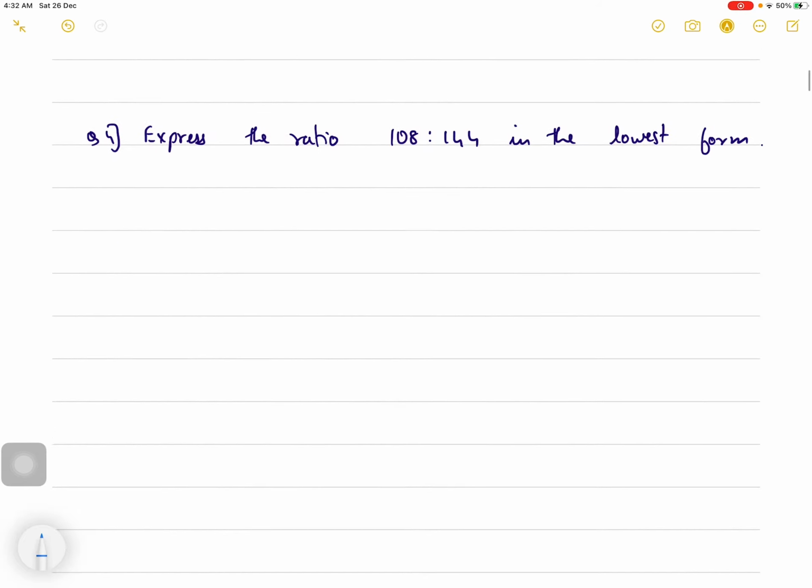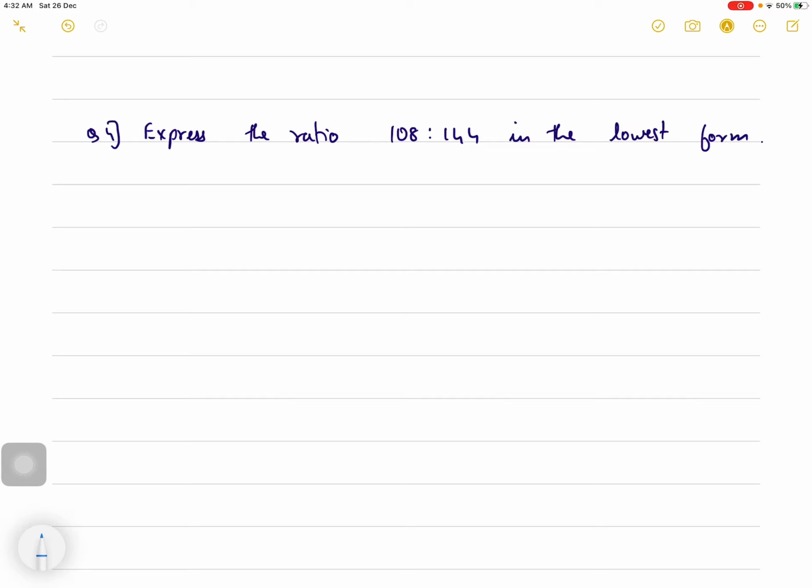Next. Express the ratio 108 is to 144 in the lowest form. Okay, let's find out. So 108 upon 144. Both are divisible by 2, correct? So 108 by 2 is 54 and 144 by 2 is 72.